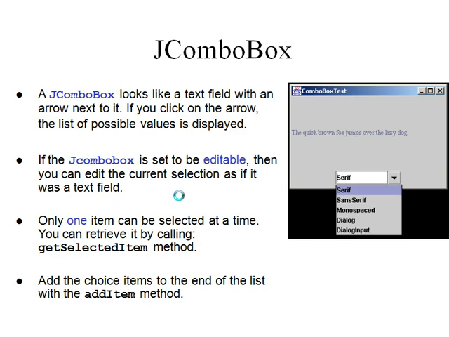You've probably used some of them. The combo box gives you a list of choices. In AWT they call it the choice menu. In Swing, they call it the combo box. They both look very similar to one another. This is a pop-down choice menu.